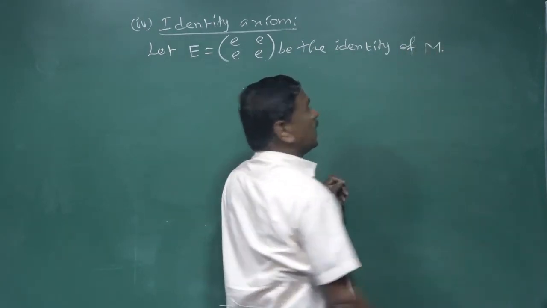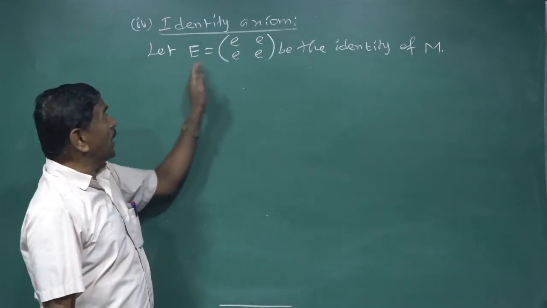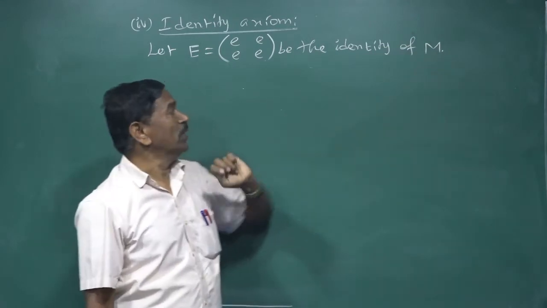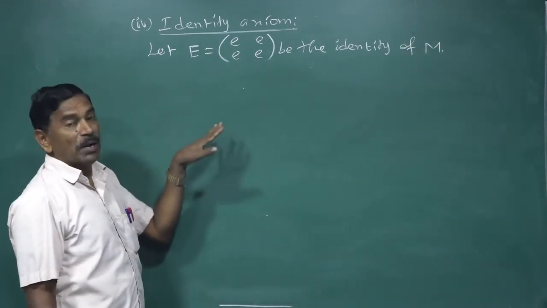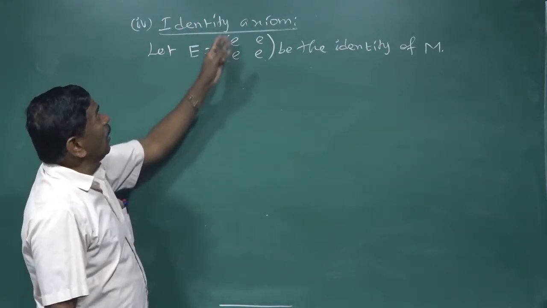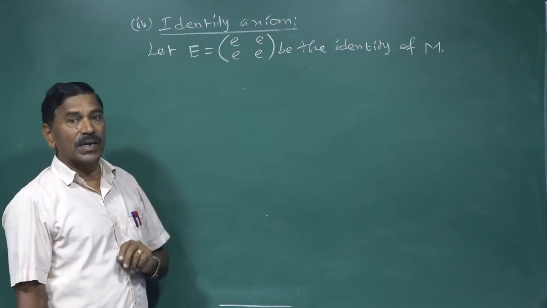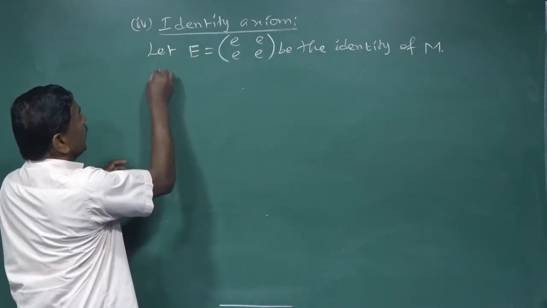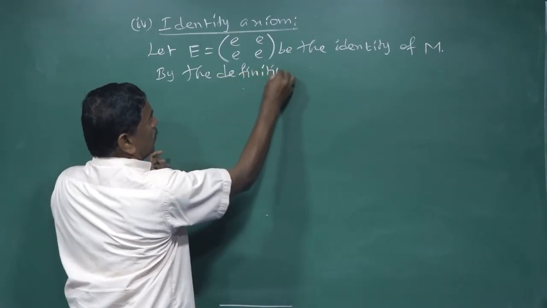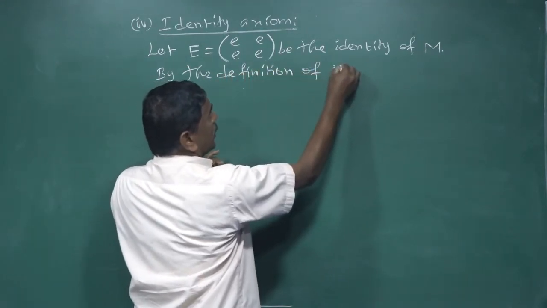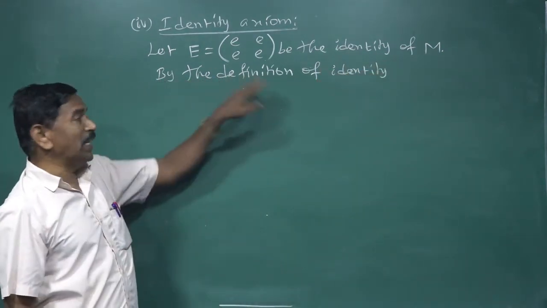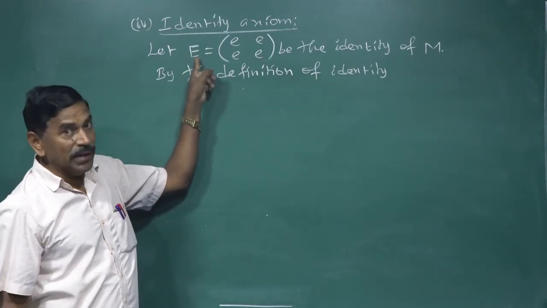This is the first line. Again, let capital E with entries small e be the identity element of M. Now, let any one element be capital X. By the definition of identity, which is important, listen carefully: let capital X be any one matrix and E the identity matrix.